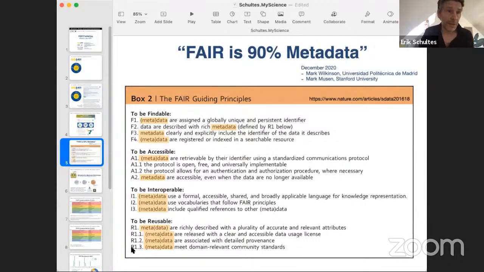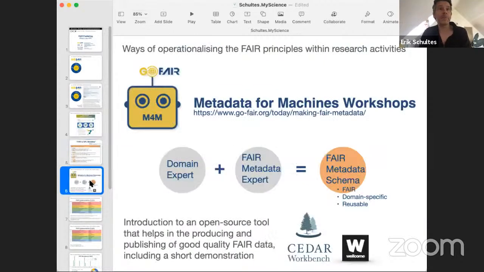Principle R 1.3 here at the bottom is worth flagging because it's asking for domain relevant community standards. And this is where, for example, the publishing community might say to themselves, okay, what are our domain relevant community standards and how can we begin to pull that into our metadata or to codify that in our metadata.